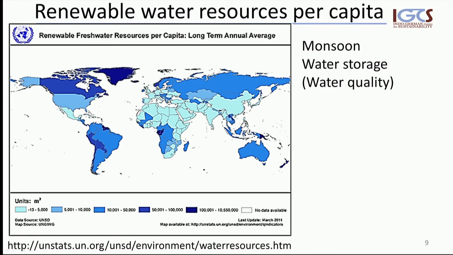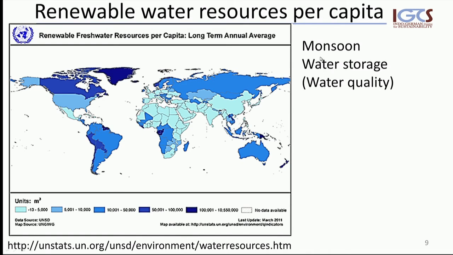How is this possible? A few rough explanations could be the very specific climatic conditions or monsoon. Some parts of the country receive only one monsoon, some others two monsoon periods, and water storage, and linked to the water storage, water quality.